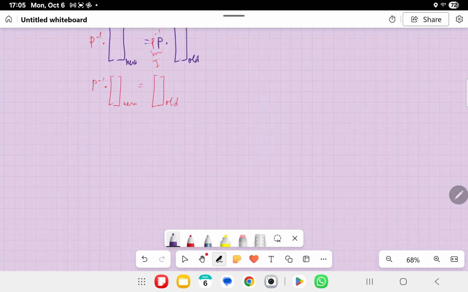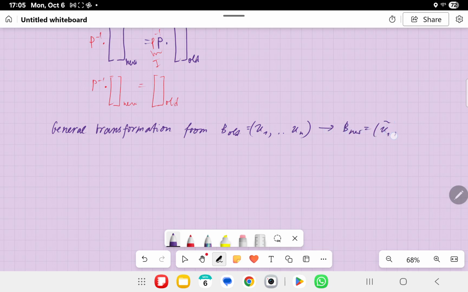So if you have a basis which consists of n vectors, not 2 vectors, so general transformation from B old, U1 through UN, to B new, U1 tilde through UN tilde. I want to write down old and new next to each vector.